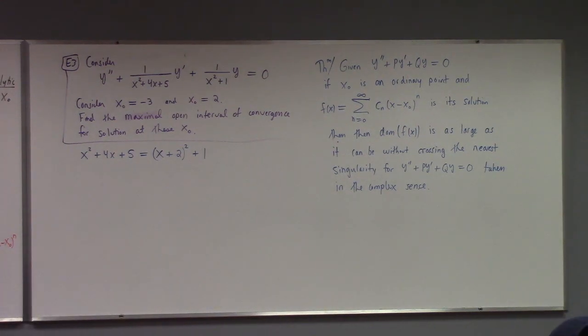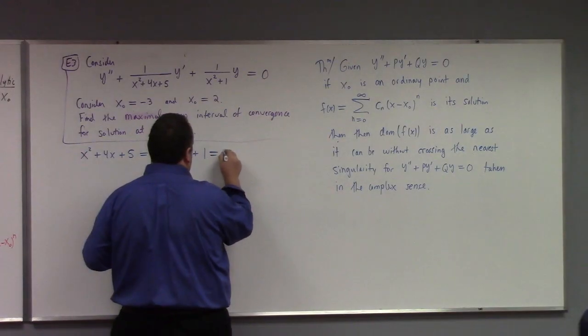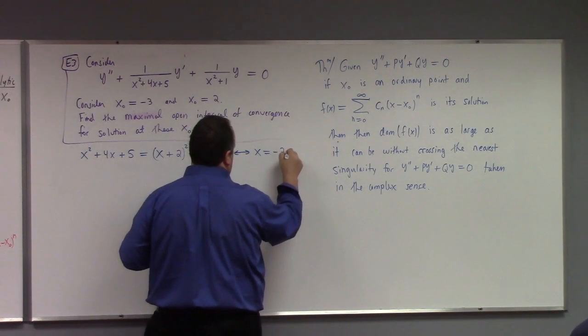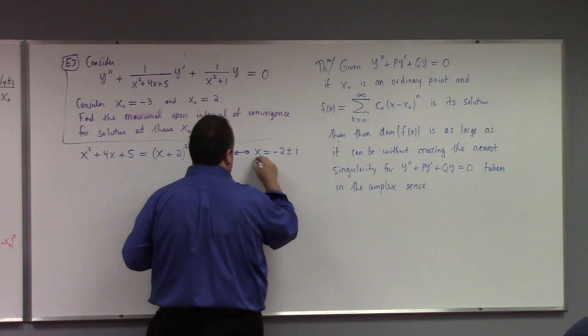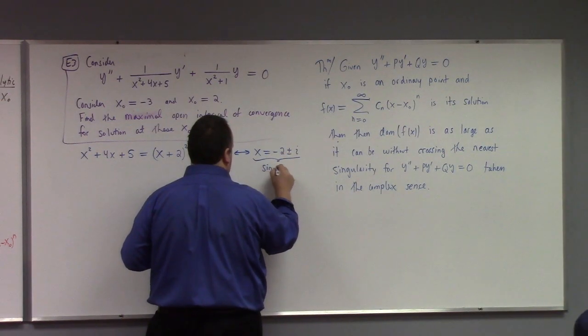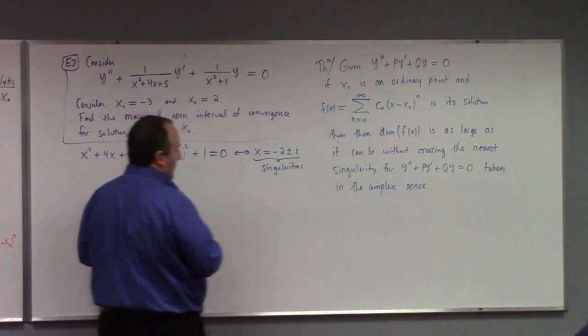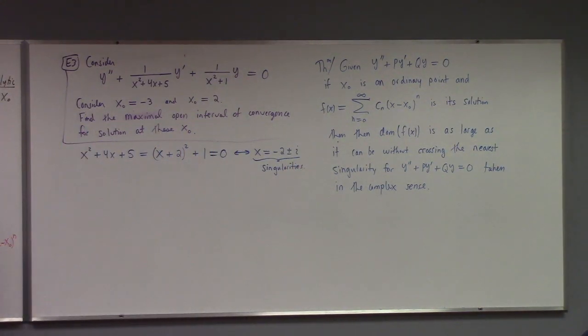And so that is equal to 0 when x is equal to minus 2 plus or minus i. These are definitely singularities of that differential equation. I cannot calculate the Taylor expansion of that function there.